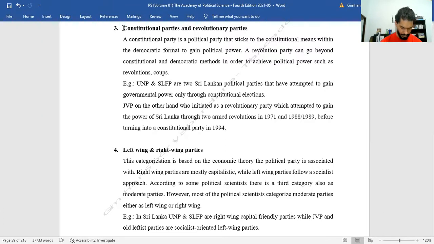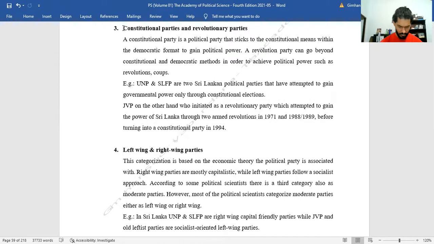Constitutional parties and revolutionary parties. A constitutional party is a political party that sticks to the constitutional means within a democratic format to gain political power. A revolutionary party can go beyond constitutional and democratic methods in order to achieve political power, such as revolutions and coups.